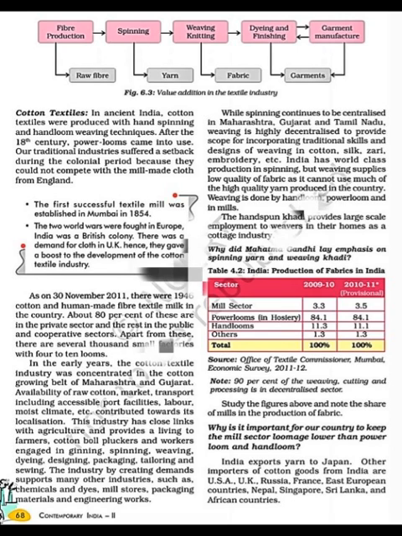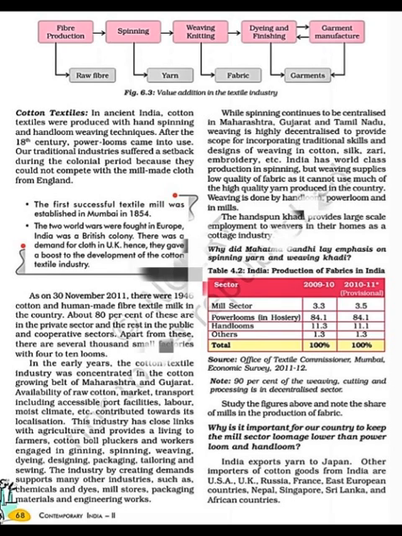In ancient India, students, cotton textiles were produced with hand spinning and hand looms. Hand looms were manually operated, and after the 18th century, power looms, which were driven with power, came into use. Our traditional industry suffered a setback during the colonial period because it could not compete with the mill-made cloth from England.